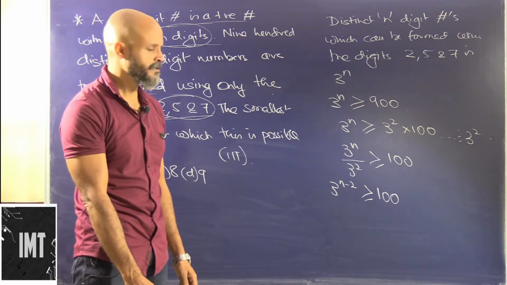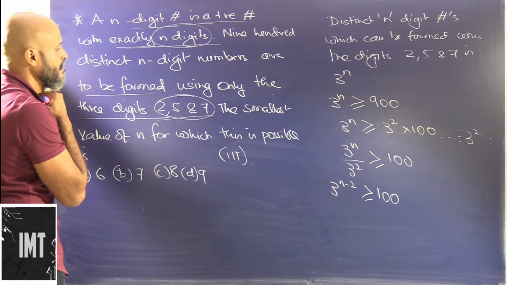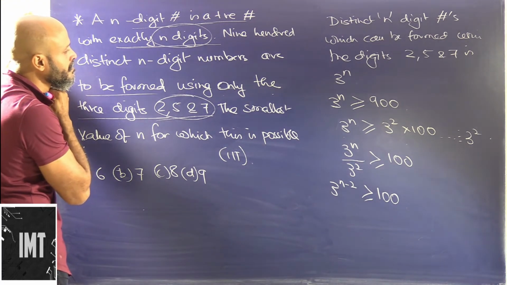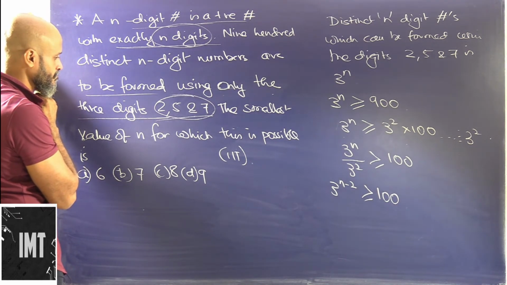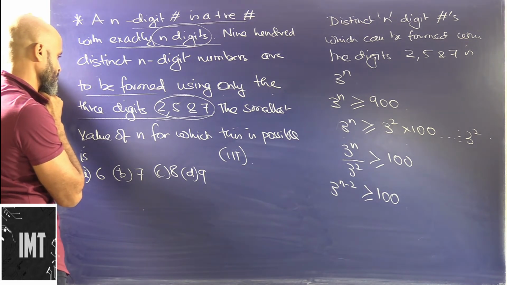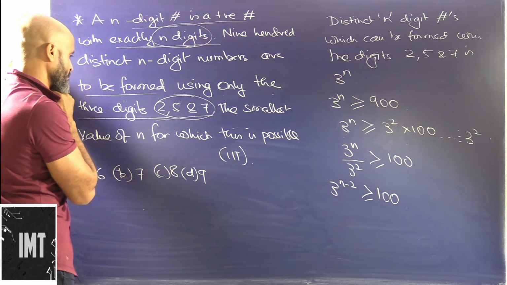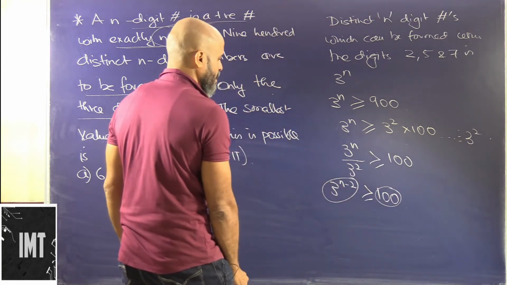Now how to solve this? How many options do we have? Now if I have 3 here, obviously this has to be converted to a power of 3.